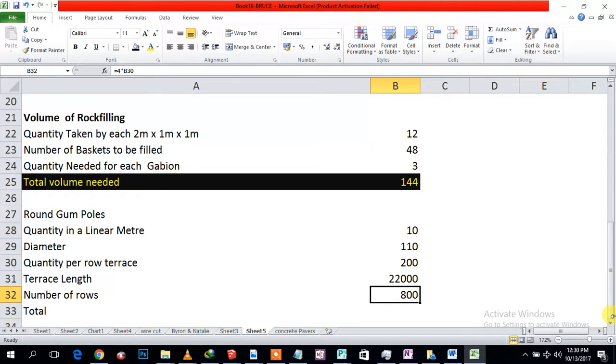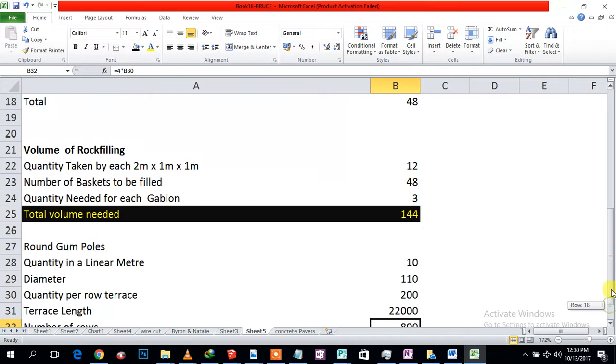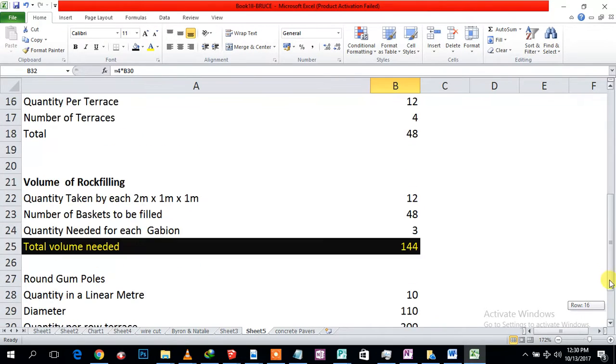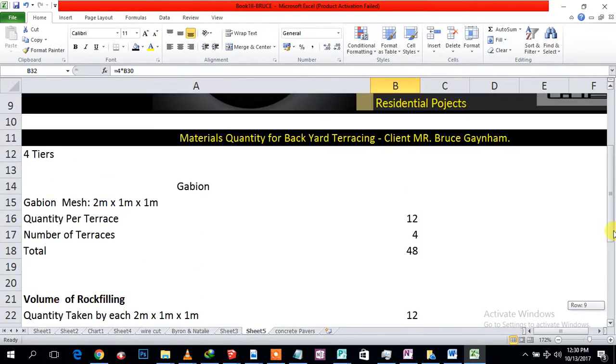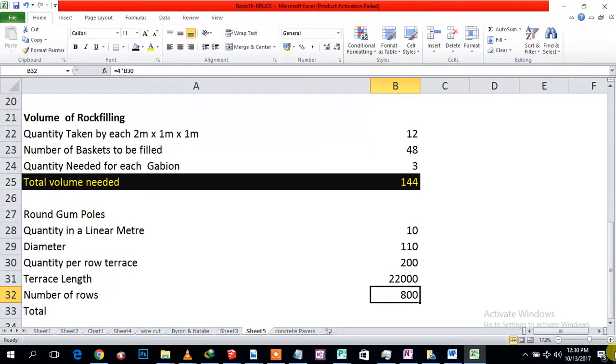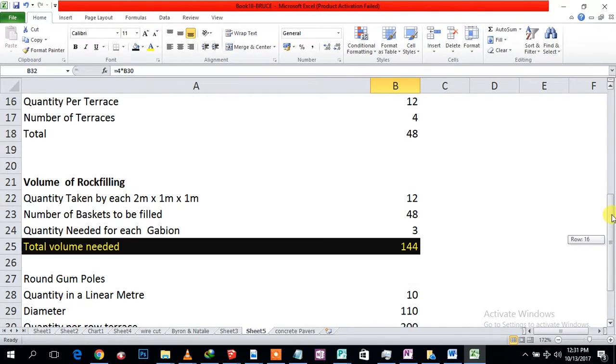That's the same thing I did in the quote proposal. I mentioned these figures: the quantity, the units, the rate and the amount. The rate is based on a total of 800 gum poles for all 4 terraces, and the same applies to the volume of the gabions.